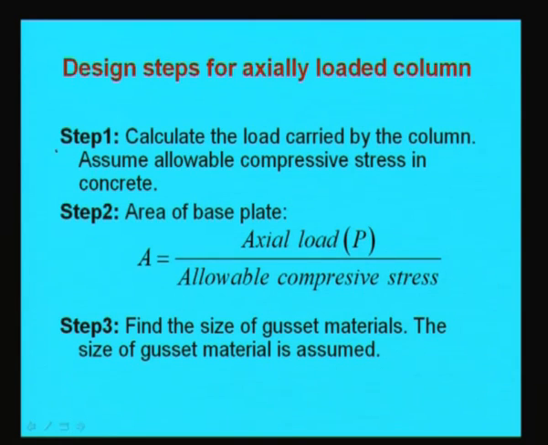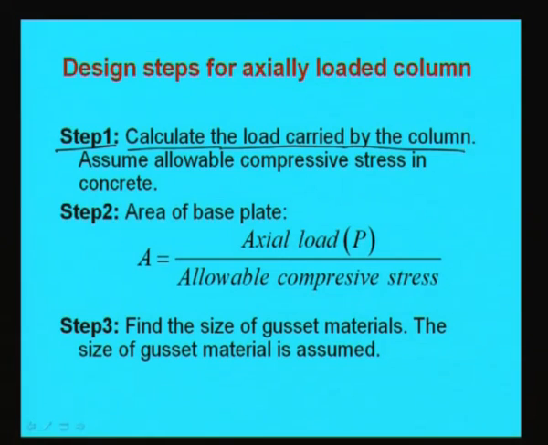In the first step, we will calculate the total load carried by the column, whatever total load is coming from the superstructure to the column. We also have to assume the allowable compressive stress in concrete, which depends on the grade of concrete we are going to use.